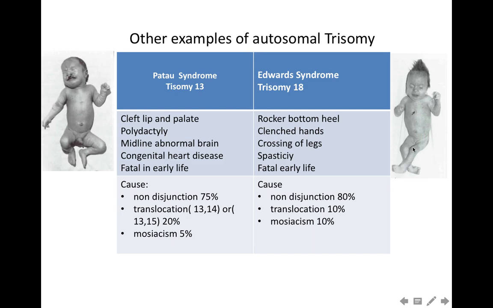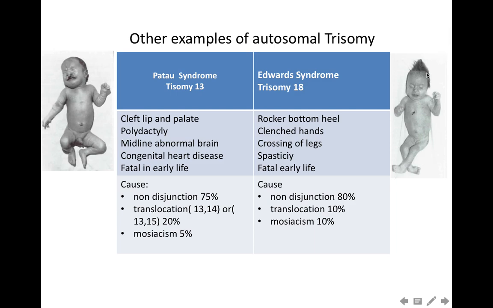They have spasticity and are always crossing their legs. They cannot stretch out their legs. They have clenched hands, which means that the hands are always closed, and it's difficult to open their hands.